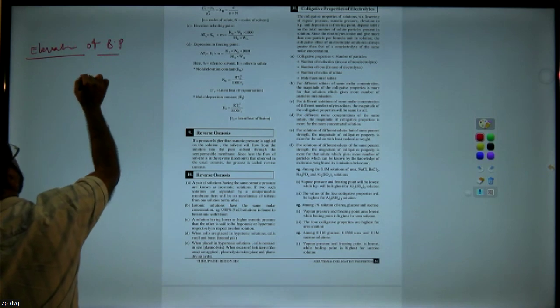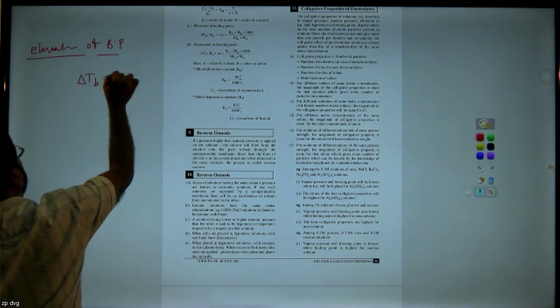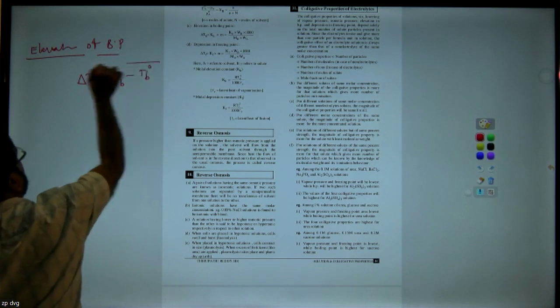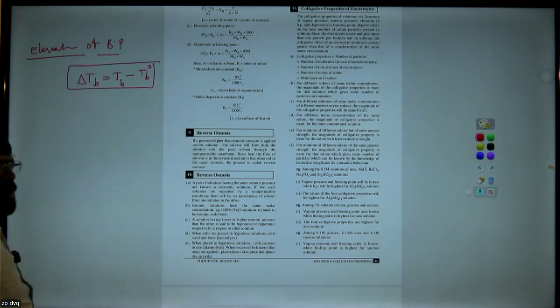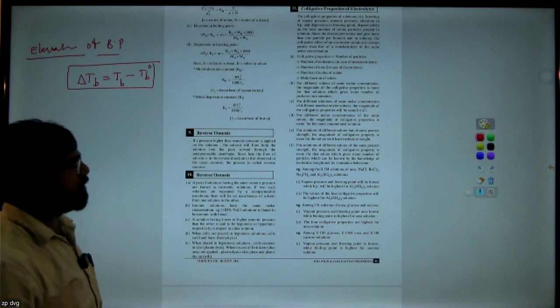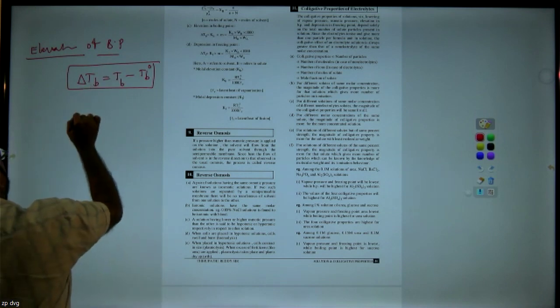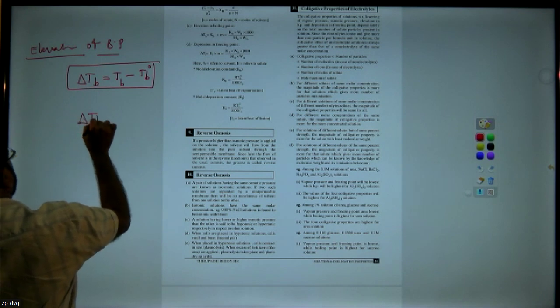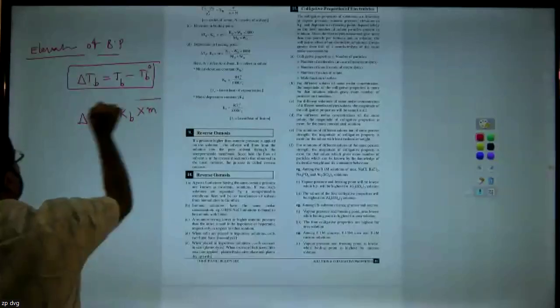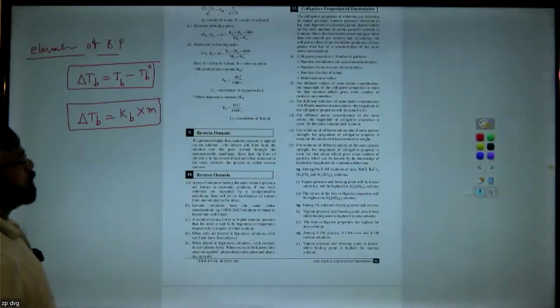Delta TB is equal to TB minus TB naught. Delta TB is equal to KB into molality. This formula we can use.